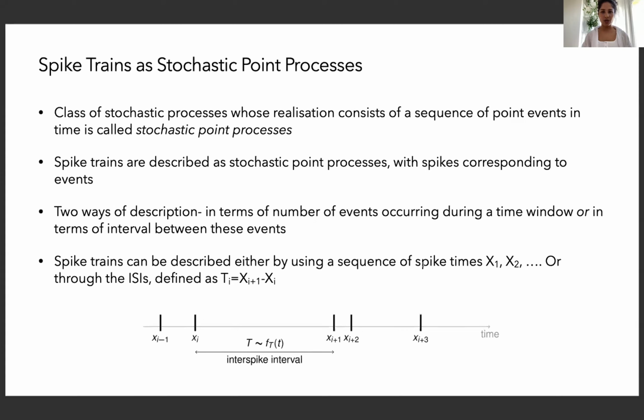Either we can use the sequence of spike times, which I have termed here as x1 and x2, or we can describe the spike train through the interspike intervals, which we define as the time between two consequent spikes. So here is a graphical description of a spike train. The interspike interval is termed t, and it belongs to the probability distribution f of t. And it is the time between 2 consequent spikes, xi and xi plus 1.